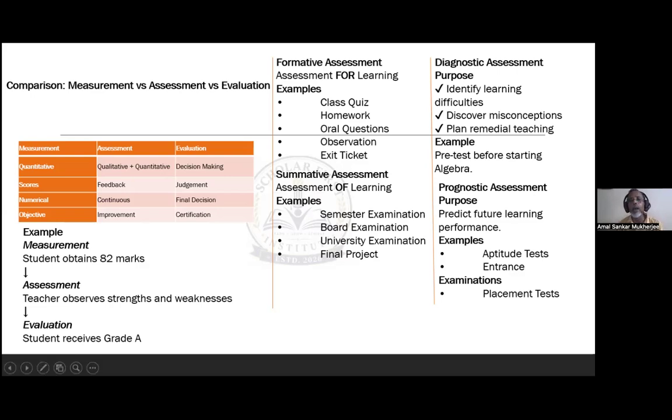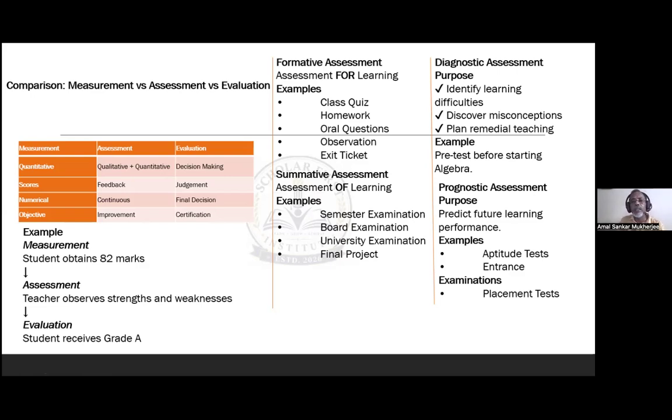Identify learning difficulties, discover misconceptions, plan remedial teaching. An example is a pre-test before starting algebra. That is diagnostic assessment. We are first testing the capability of the students in calculation, then we proceed to the algebraic calculation.